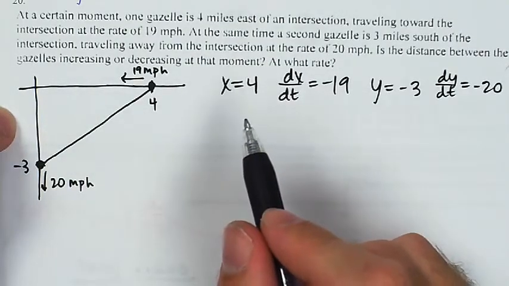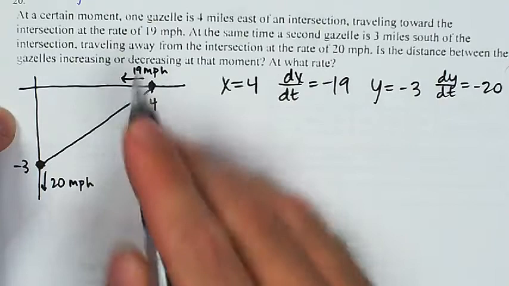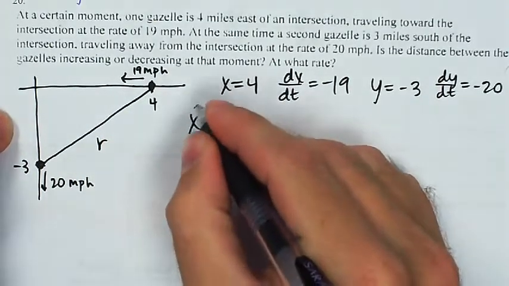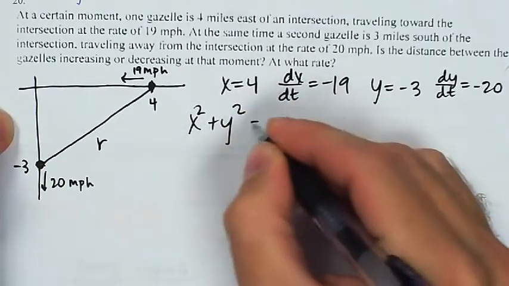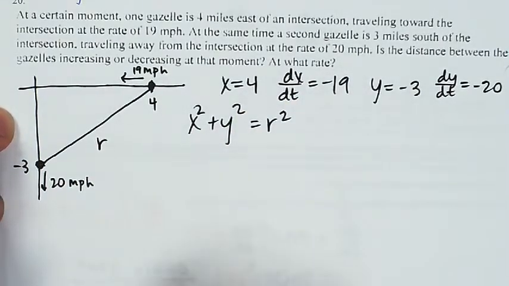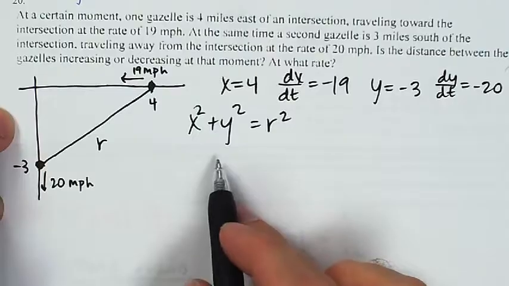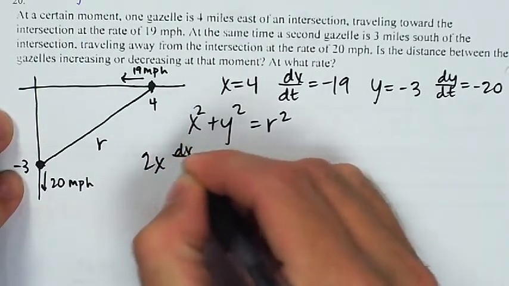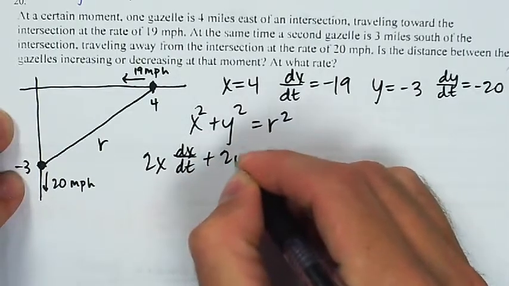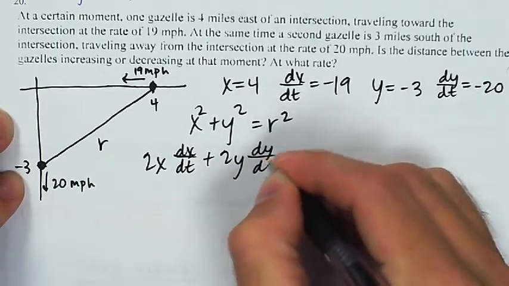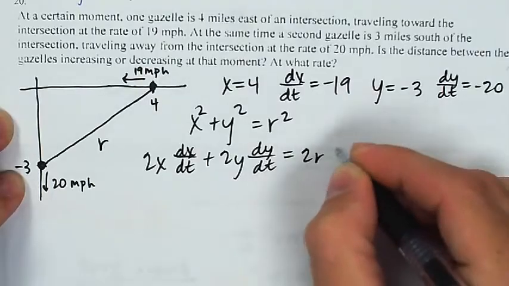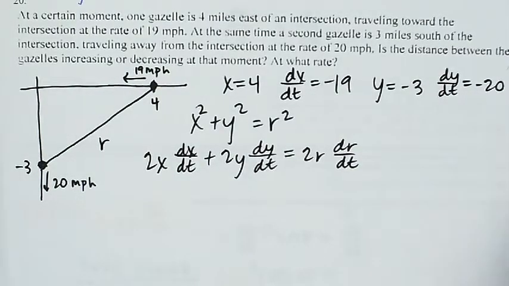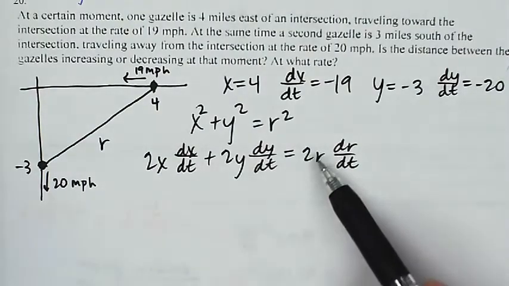In that situation, I've got x squared plus y squared equals this distance, which I might call r squared. And so I can take the derivative of this with respect to time. I'll get 2x dx/dt plus 2y dy/dt equals 2r dr/dt. So I've got most of the things I need ready to plug in, except for this r.